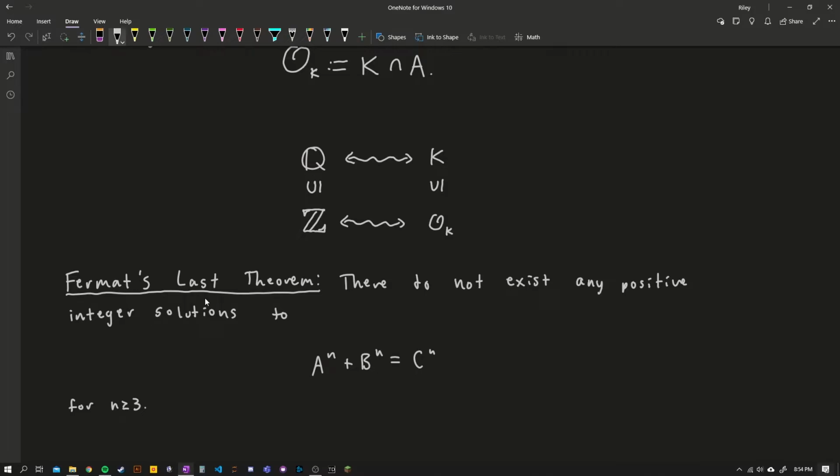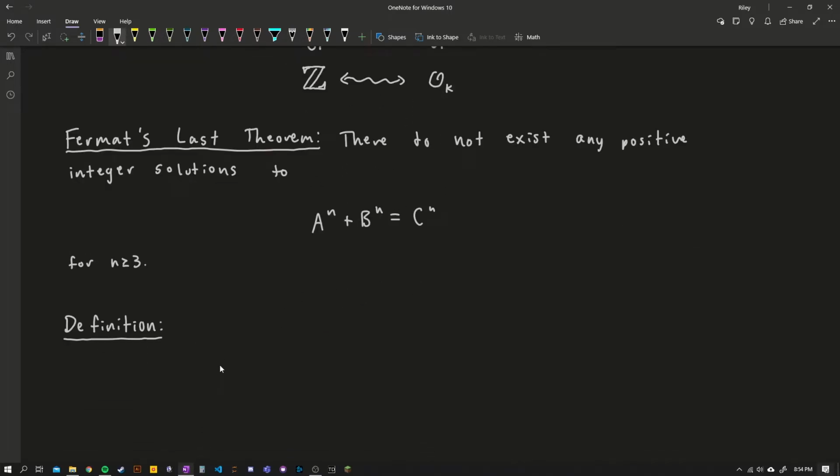In his quote-unquote proof, Lamé tried to factor the expression a to the n plus b to the n over a type of number field called a cyclotomic field, which is my next definition.